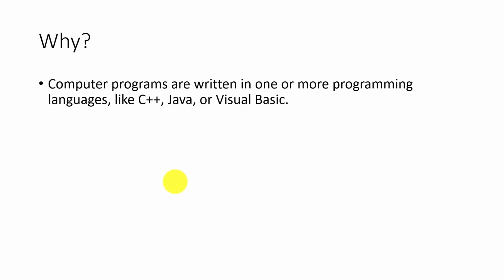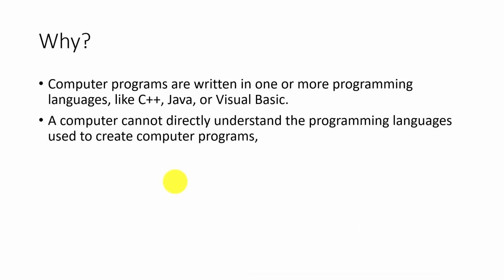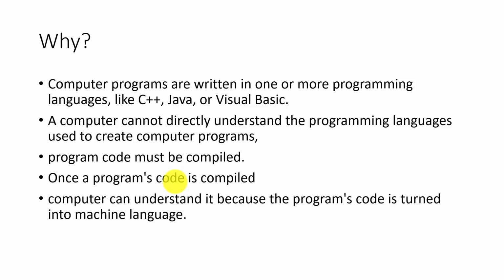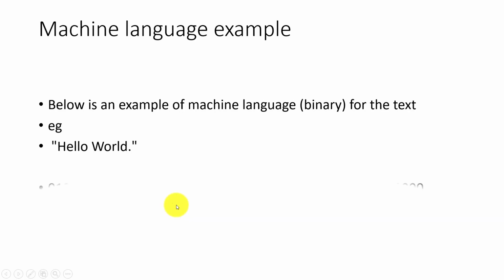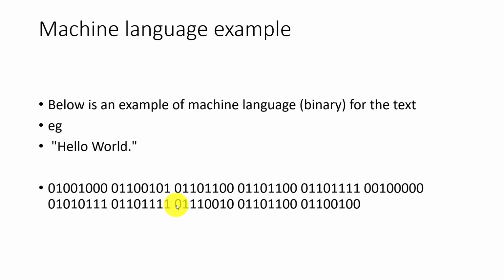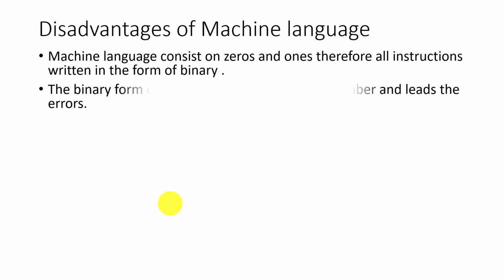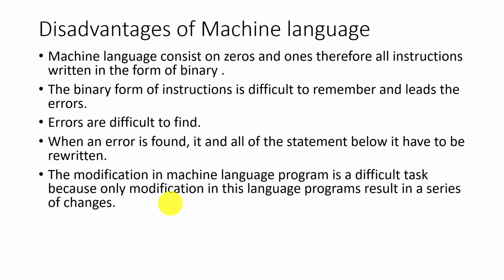We require it because the computer cannot read high level language, so we have to compile or translate the high level language into low level language, which generates object code that the computer can easily understand. That is the machine language. This is the example of converting any high level language into 0 1 binary form, the machine language or object code. These are some advantages, and we also discussed the disadvantages. In the next video we're going to discuss the second category of low level language.